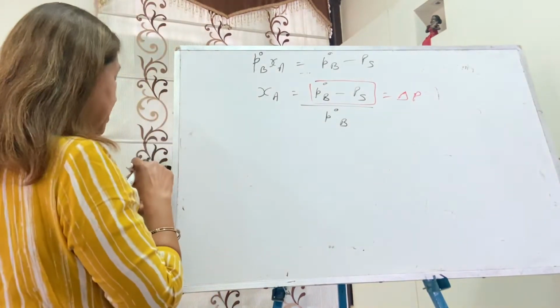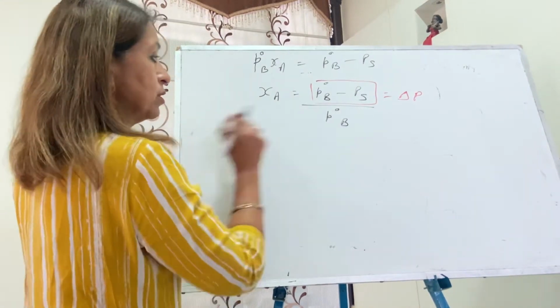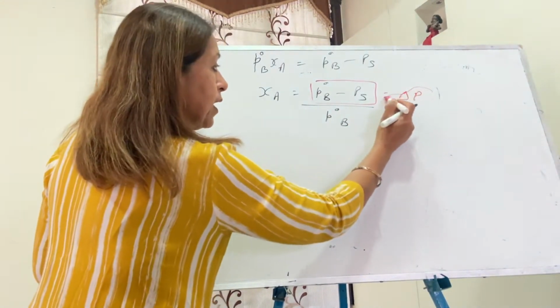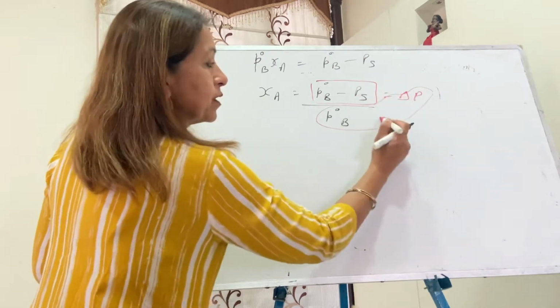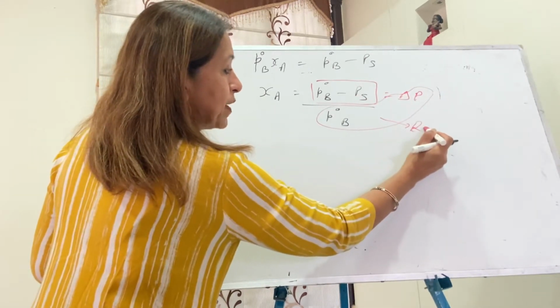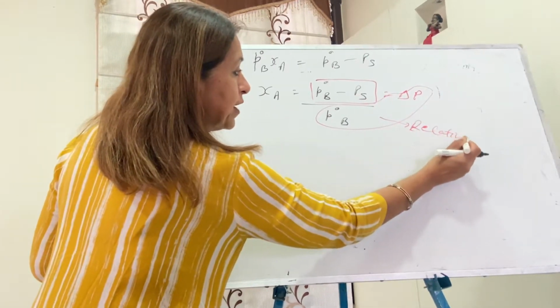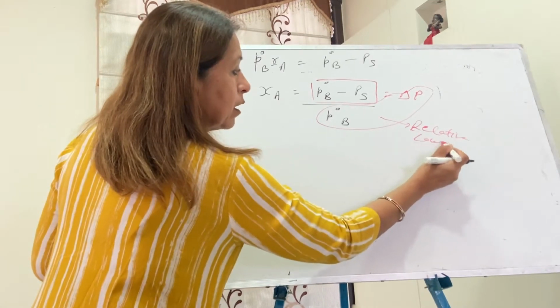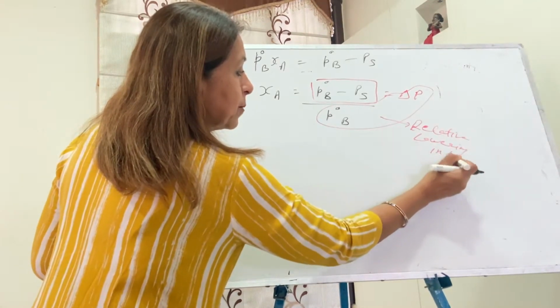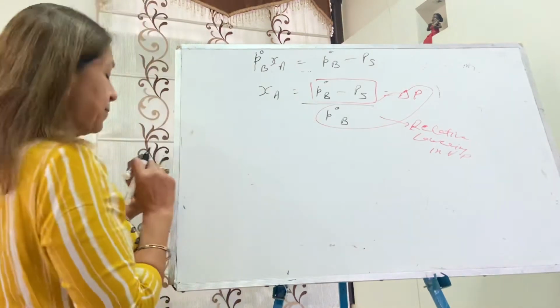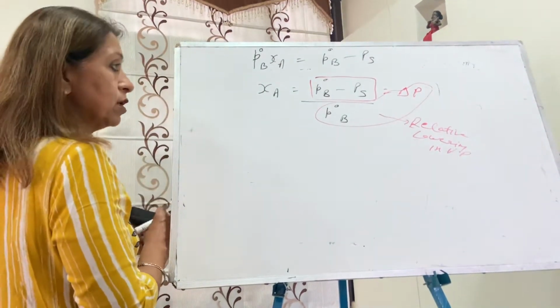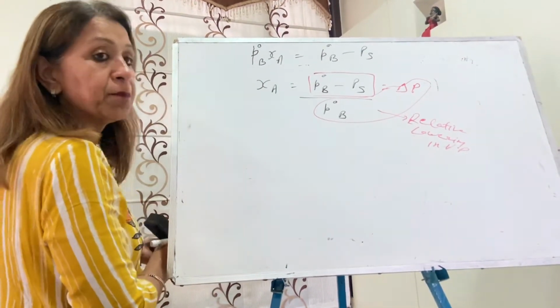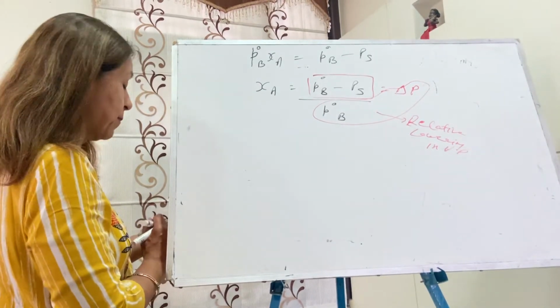Write down delta P is the lowering in vapor pressure. And delta P upon P naught B is a relative lowering in vapor pressure. Delta P is the lowering in vapor pressure and delta P by P naught B is a relative lowering in vapor pressure.